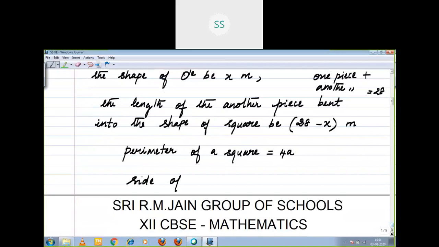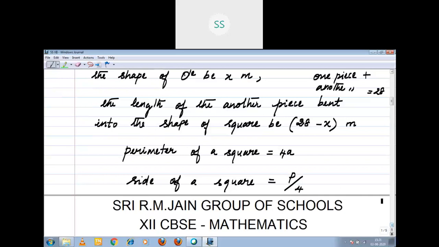Side of a square equals perimeter divided by 4. Now, the length only we are considering as x. The length you bent into the shape of a circle and the shape of a square. That gives you the perimeter of a square and the circumference of a circle. I hope you understood.